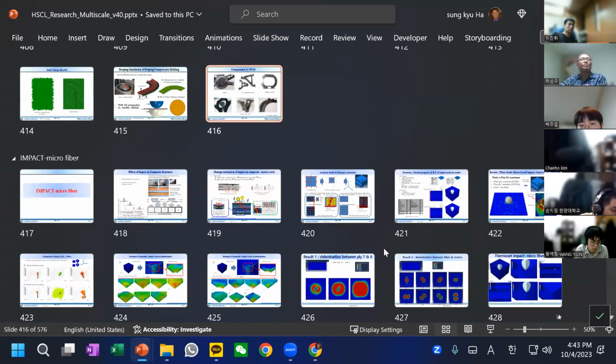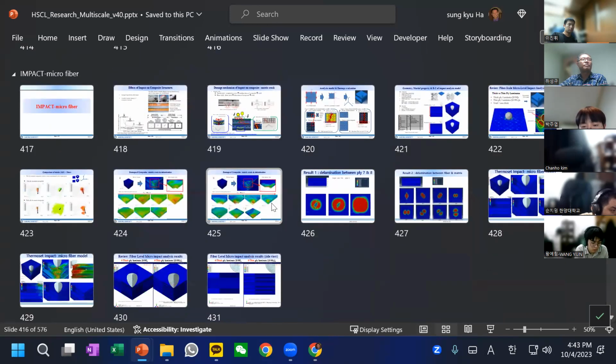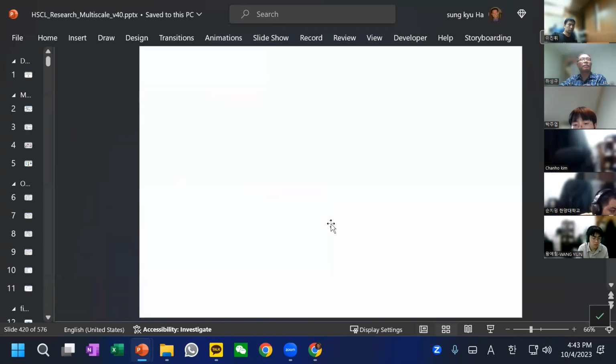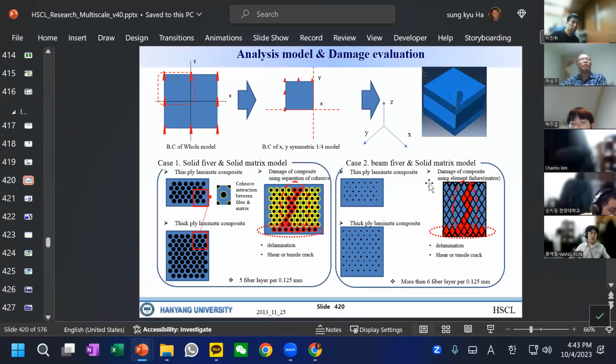Okay, well, another very interesting behavior is the composite impact behavior of composites. This has nothing to do with manufacturing procedures, but I would like to share it so that you can better understand the behavior of the composite microscopically.